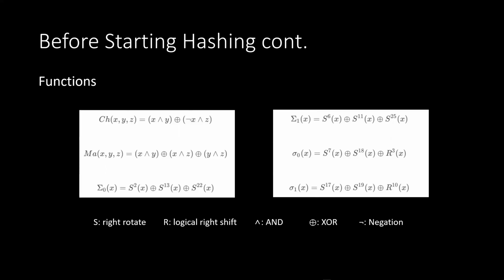The letter R means logical right shift, and the AND sign is just logical AND. The plus sign with the circle is the XOR, and the negation sign is negation, where one becomes zero and zero becomes one.